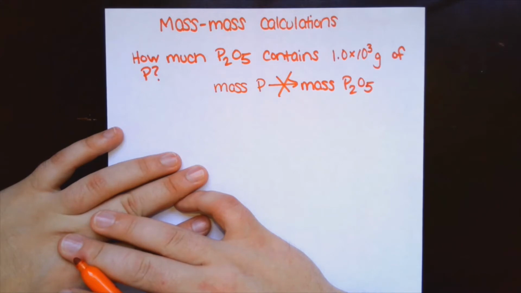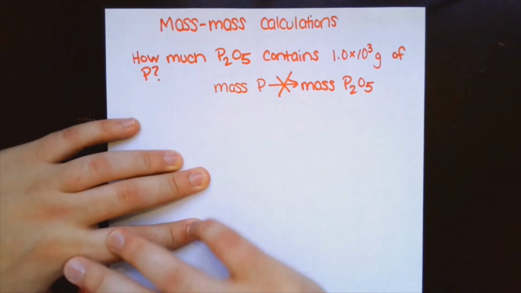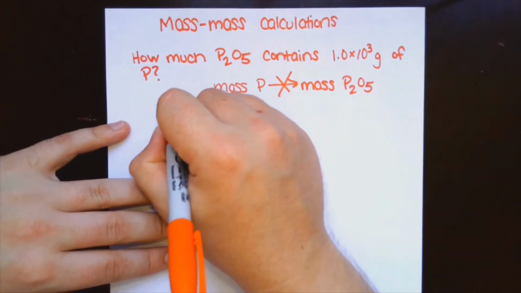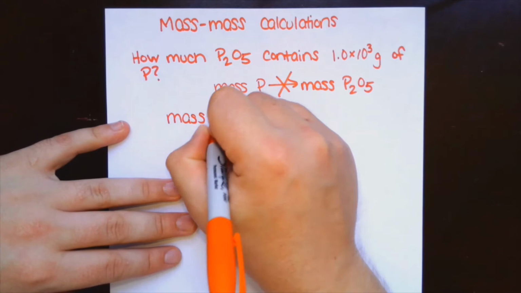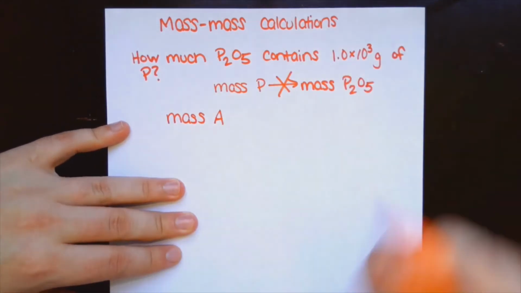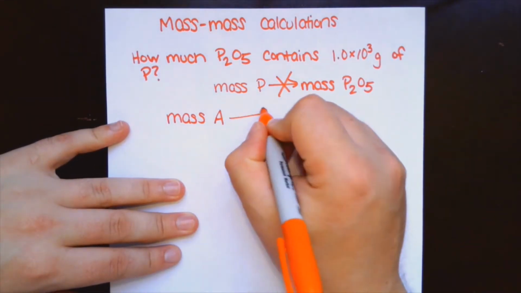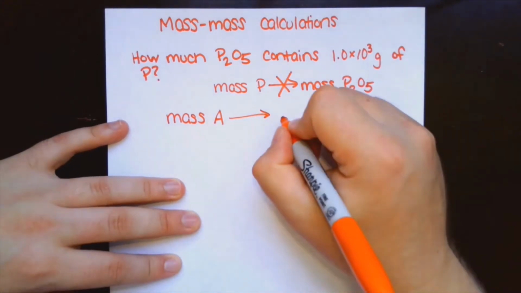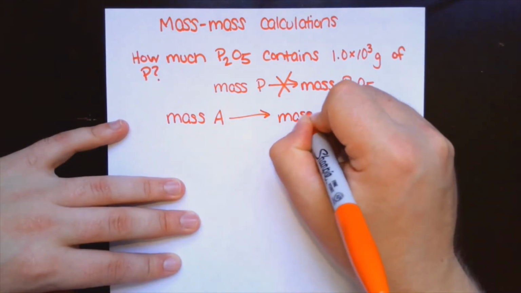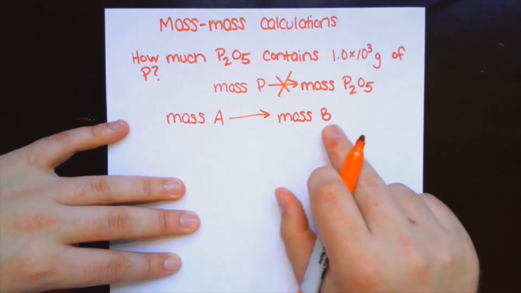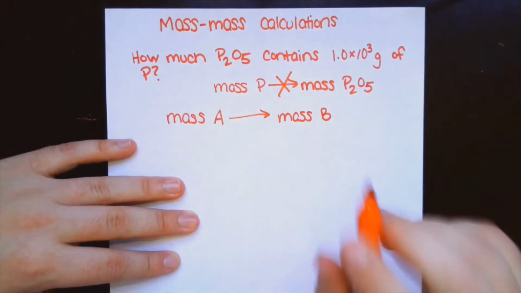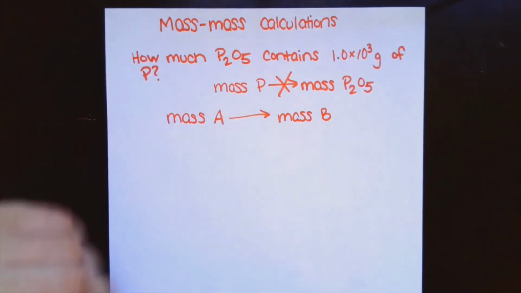So, remember, moles is going to act kind of as the hub of many of our calculations throughout the semester. Generally speaking, if you're trying to do a calculation from the mass of A, where A is just any generic species that you're starting with, to the mass of B, which is any generic species that you're looking for in your answer, again, you cannot do that directly.